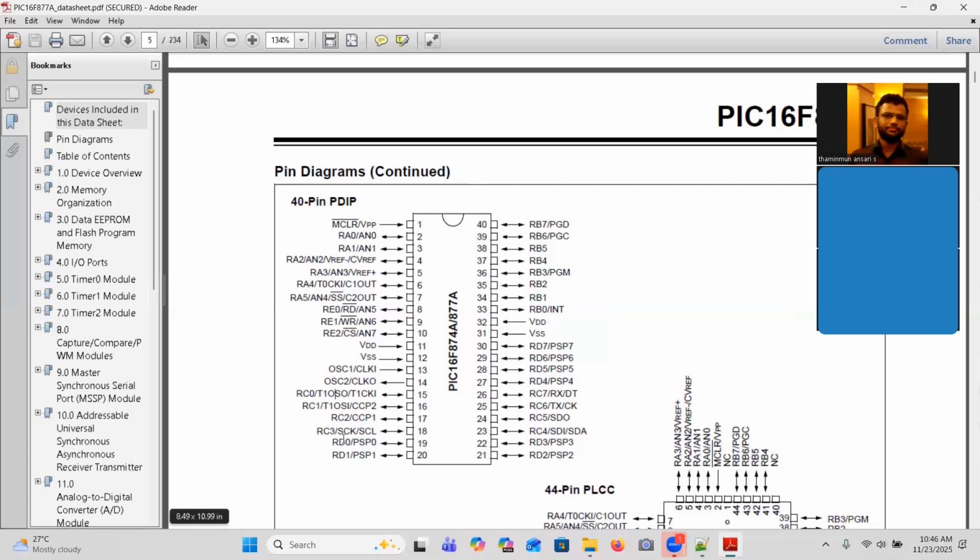Right? So what is the difference between this clock and oscillator, sir? Clock means a circuitry which is external. It is able to generate clock pulses with high frequency, right?